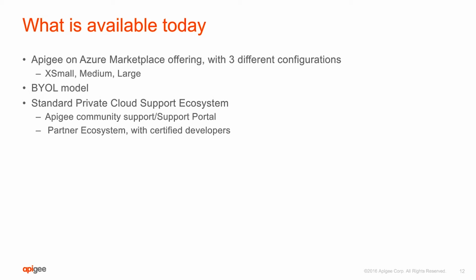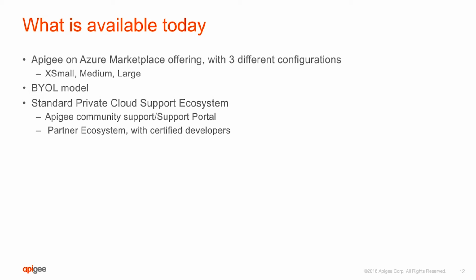Like I said, it's our standard private cloud deployment configurations put on the Azure Marketplace. Right, but one big thing that happens when you launch Apigee from the marketplace is all the provisioning happens automatically, all the installation configurations happen automatically, and you get a clustered deployment of Apigee ready to use in maybe 20-30 minutes. Right, so that's a big step.